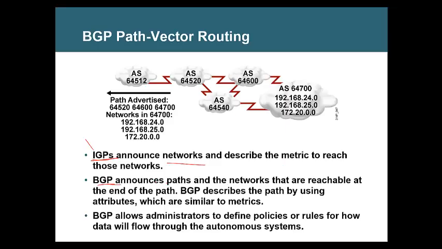Whereas BGP advertises the path and the network with attributes. What are attributes? Attributes are similar to metric. I told you, attribute is a rich metric. All right. Any question?